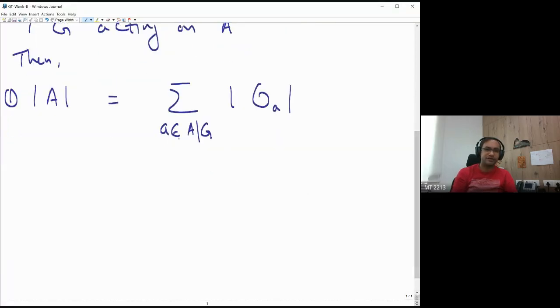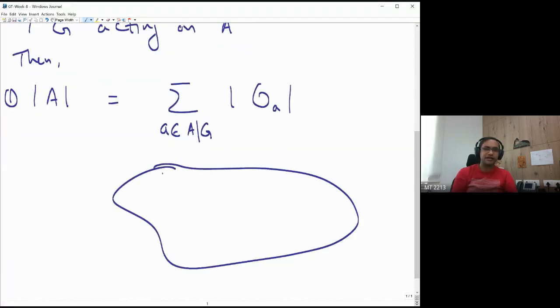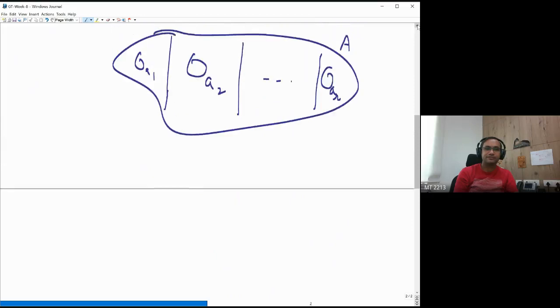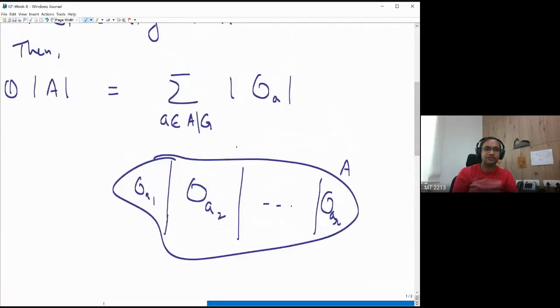So let me just explain by the picture. When a group is acting on some set A, I have different orbits, right? Suppose I have the orbit of A1, and then the orbit of A2, and so on, and some other orbit, and there are R orbits. Then as we saw in the proof, this action gives these orbits, and these orbits are obviously disjoint, right?